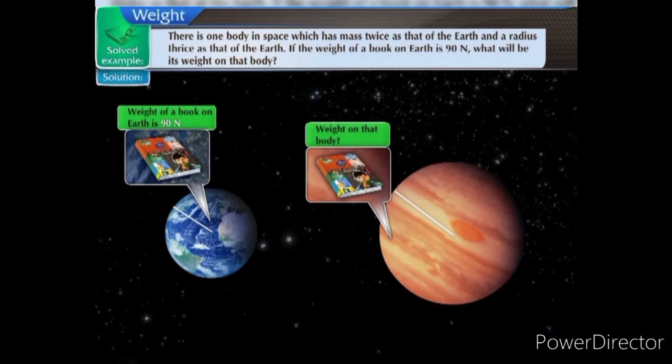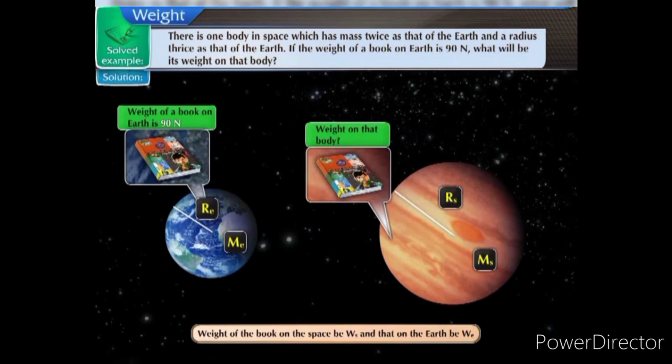Solution. Let the radius of the body in space be Rs and that of the earth be Re. Let the mass of the body in space be Ms and that of the earth be Me.